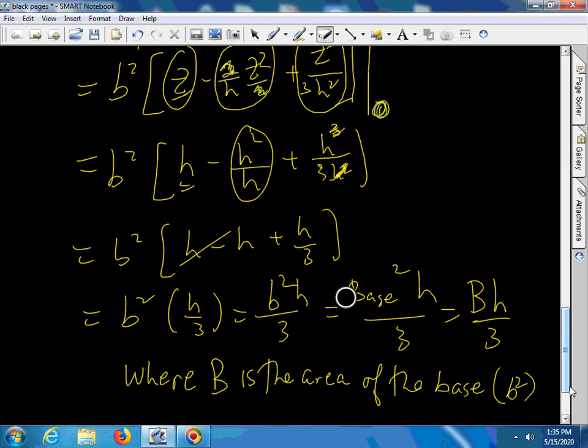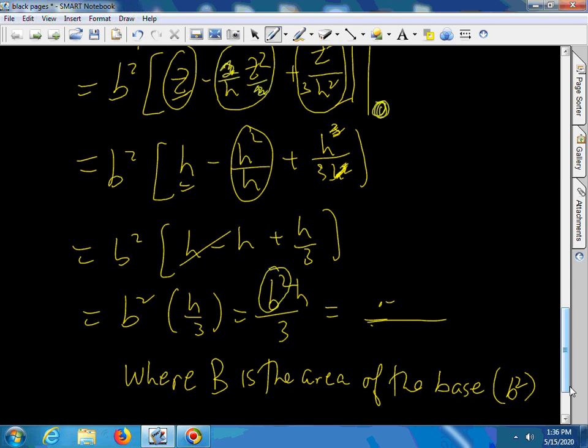So I can just go right away to the final result, because I just said that little b squared, being the area of the base, is just called big B, times h over 3.